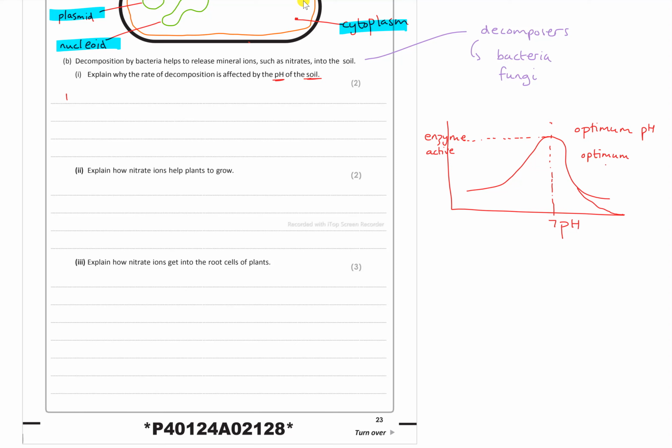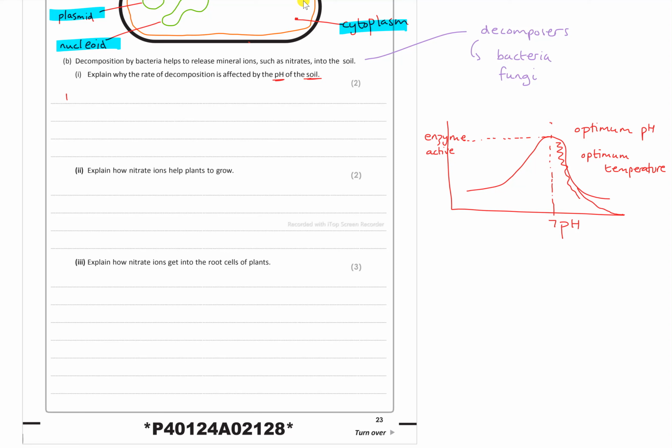You also have things such as optimum temperature. Right, because beyond this, the enzymes become denatured and then they don't function properly. They might function slightly. So we need to write that.